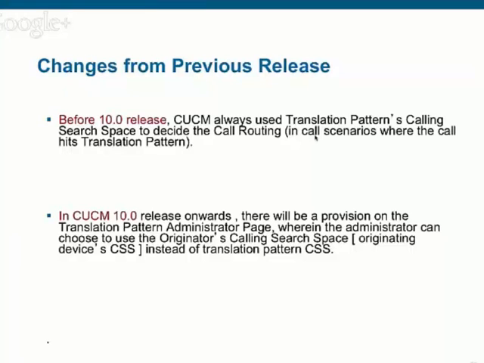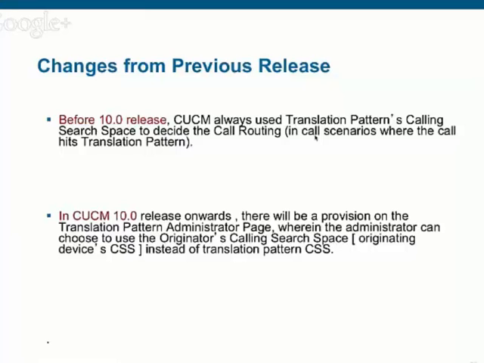Now in 10.x, we have given you an option wherein you can say use the originator's calling search space. You can go to the translation pattern and say, if you are being used, you do not use the calling search space that's on you. You use the original calling party CSS, that's the phone CSS, for the call to be routed further.